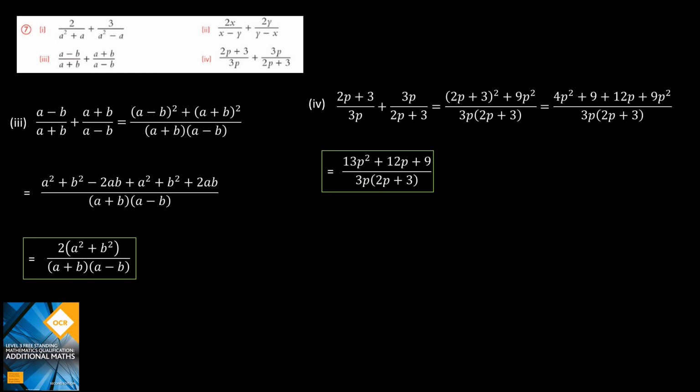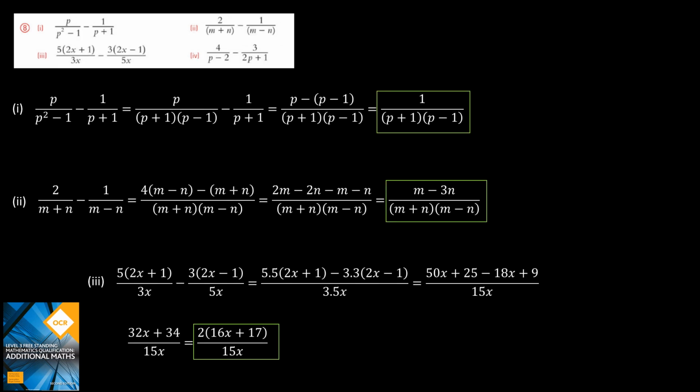So here we go, question 7. This is again like adding fractions. And then again, opening the brackets, you group the terms together, and you get your answer. Number 8 is the same way.